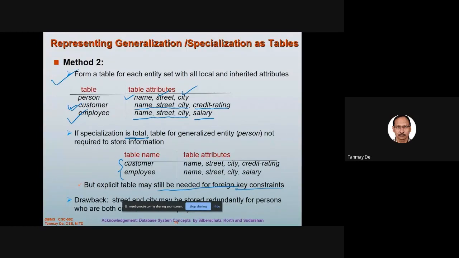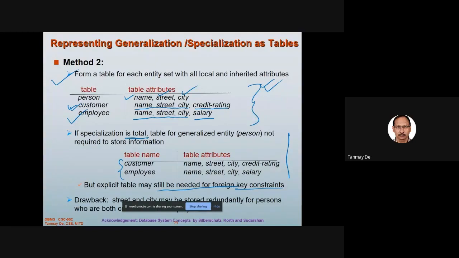You can see here, this is the special case. You can see the street and city are redundant. Street and city are redundantly stored in the three tables: person table, customer table, and employee table. Suppose it is possible that one of the persons is both a customer and an employee. That means some of the persons are both customers and employees.